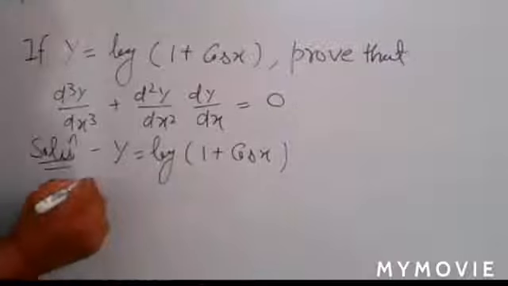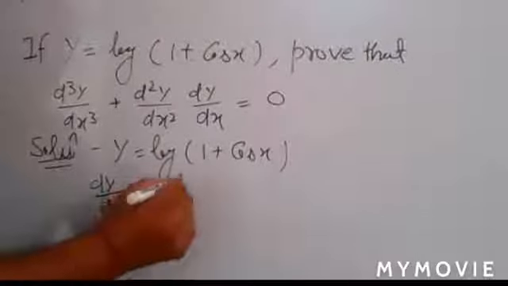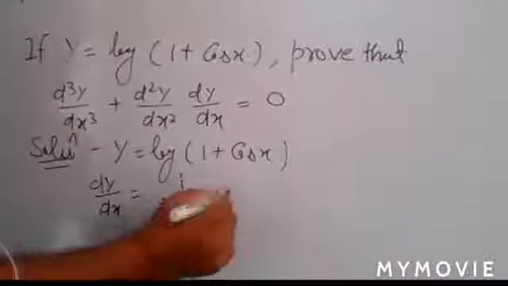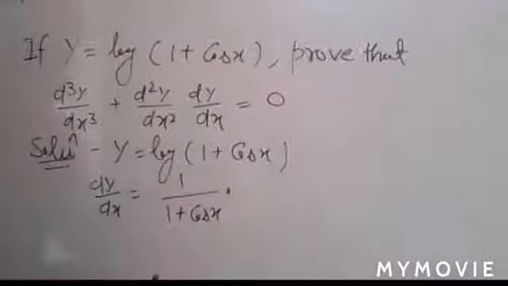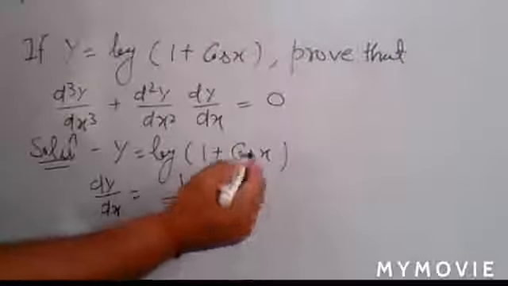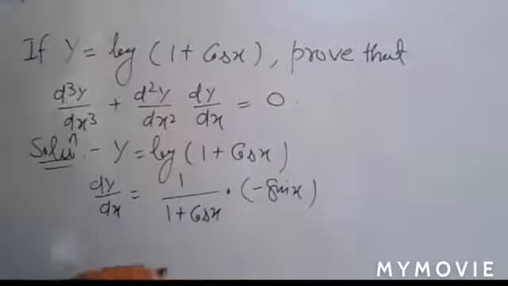Okay. So you write, dy by dx is equal to 1 upon log of x into derivative of the function which is in place of x. So here for 1 you have 0, and for cos x you have minus sin x.